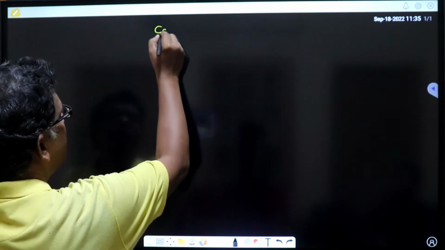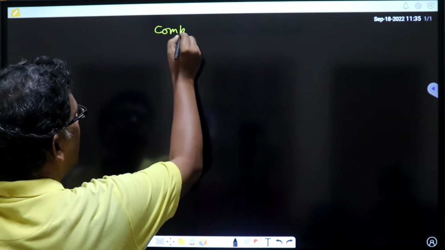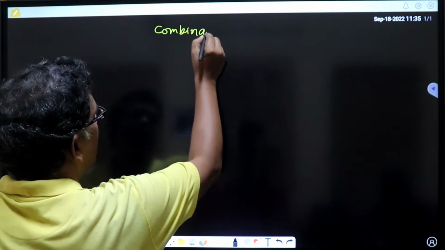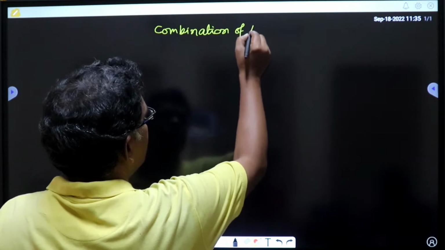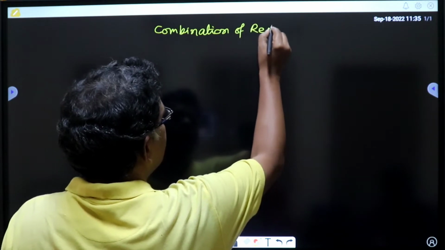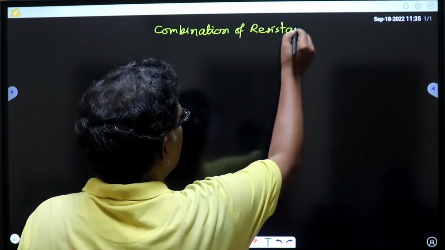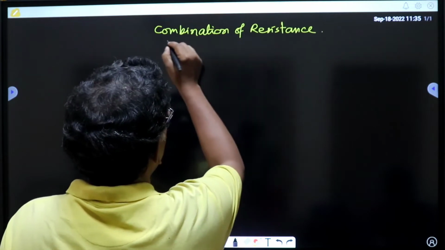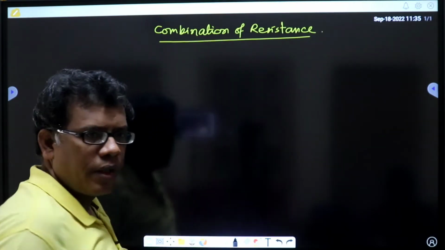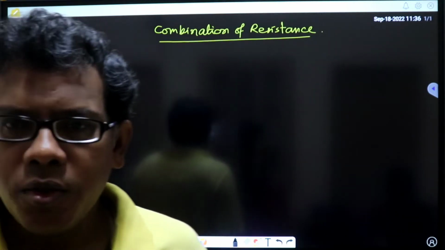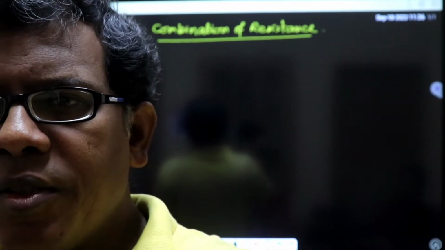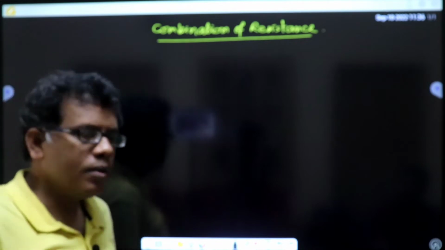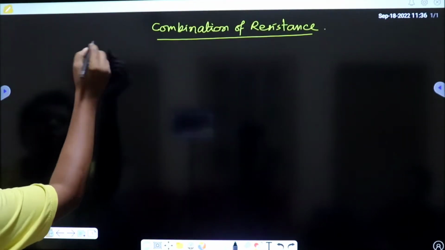Combination of resistance. Okay. So in this particular part, combination of resistance, we will discuss about what? Two combinations.